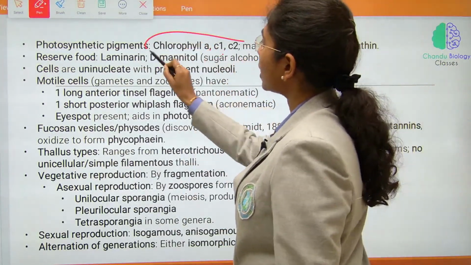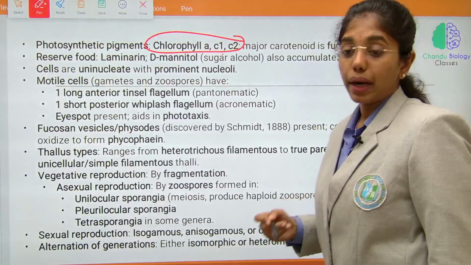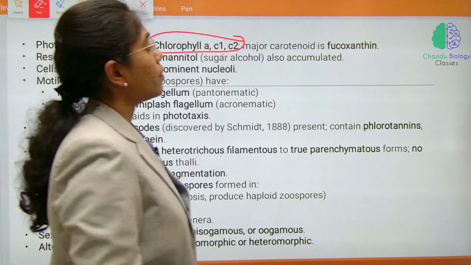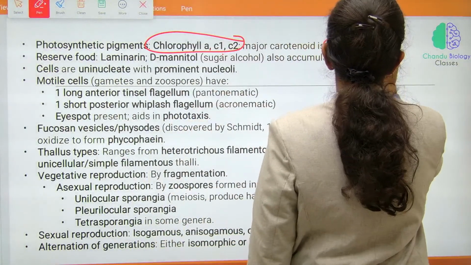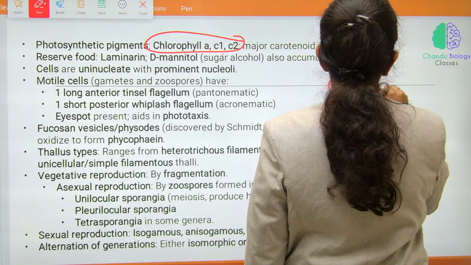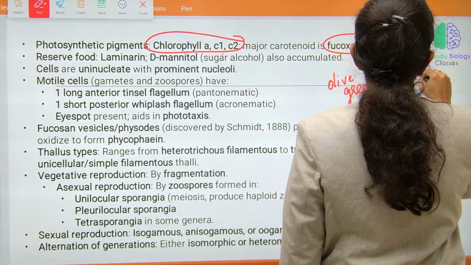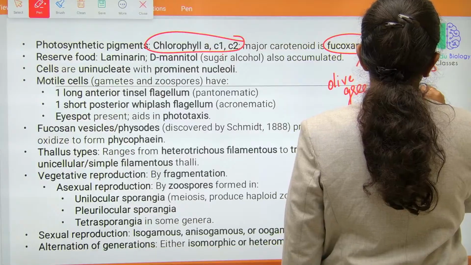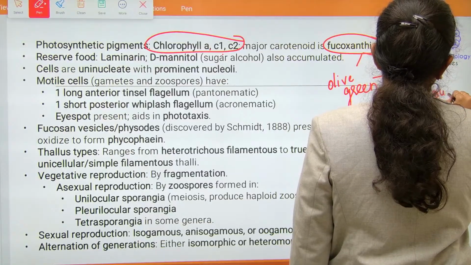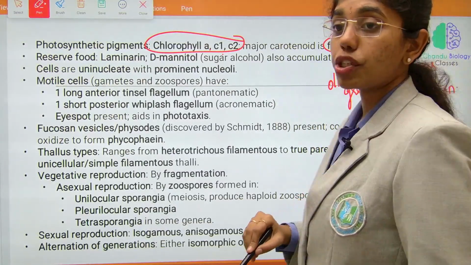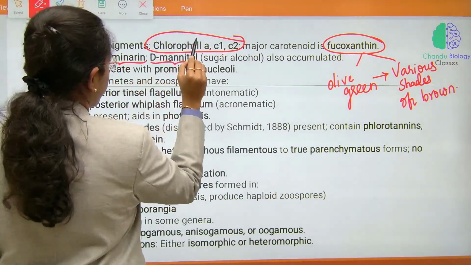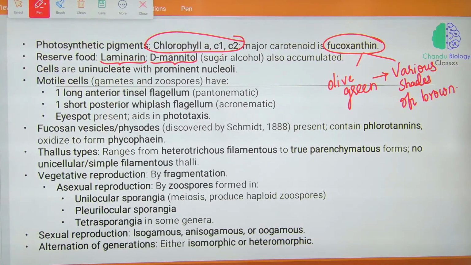But the coloration, from olive green to various shades of brown, is given by fucoxanthin. Here the reserve food materials are laminarin and mannitol.